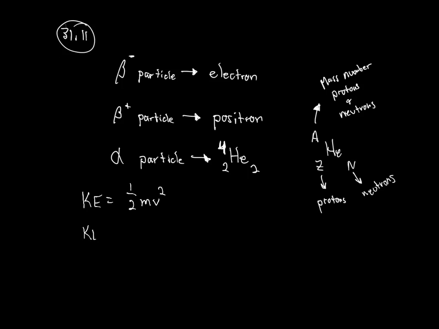So the kinetic energy of a beta particle is 1/2 times the mass of whatever the particle is. What is the beta particle again? An electron. So this is the mass of an electron times the velocity of an electron squared. And then the kinetic energy of an alpha particle is 1/2 the mass of an alpha particle times the velocity of that alpha particle squared.